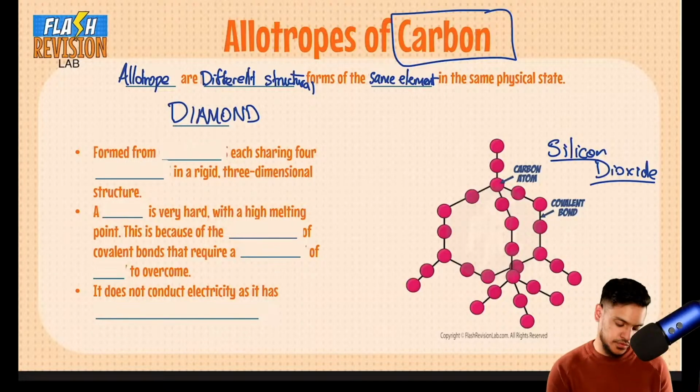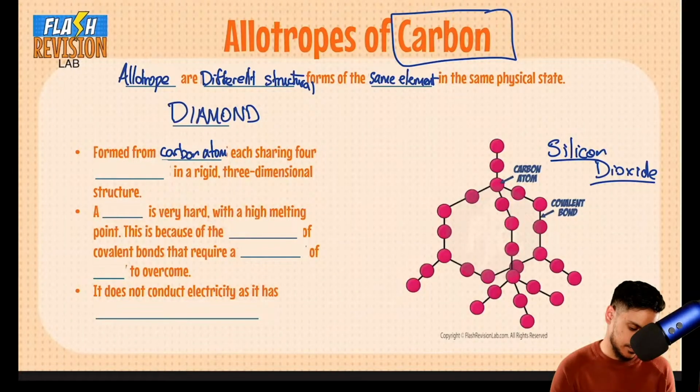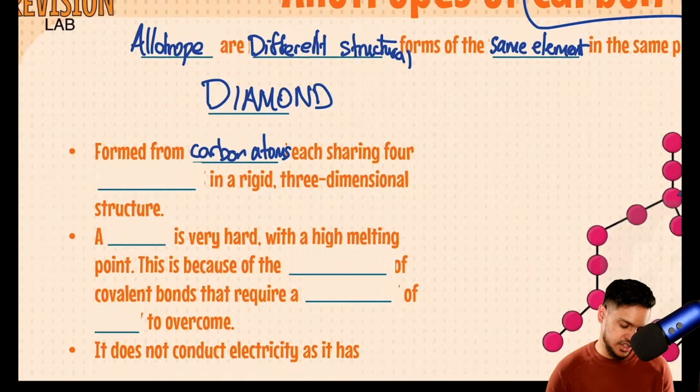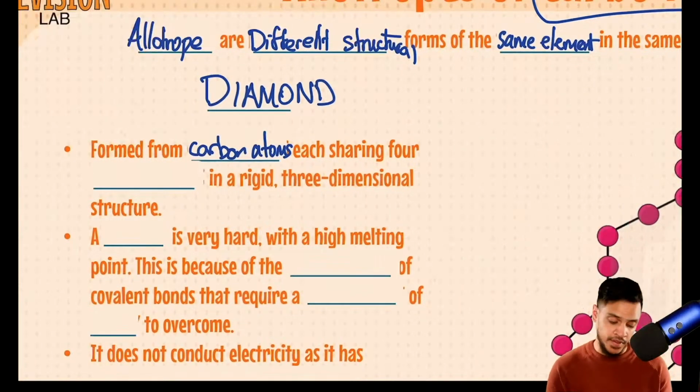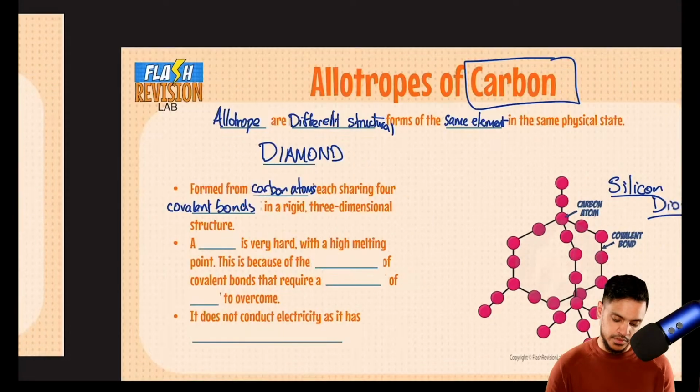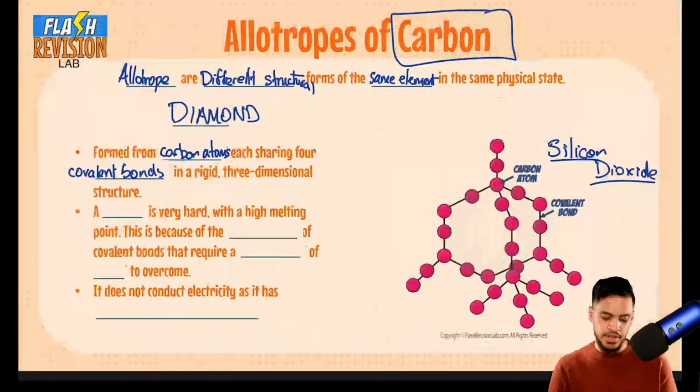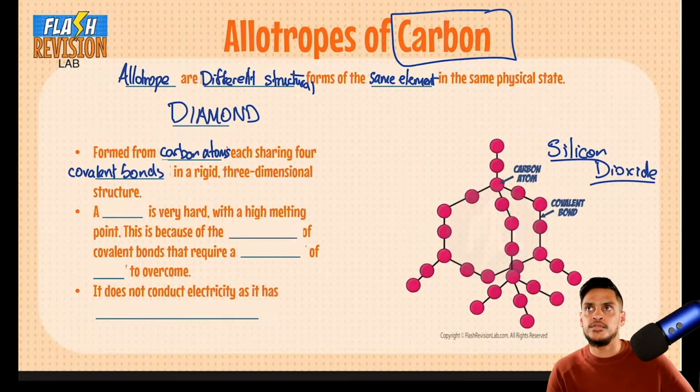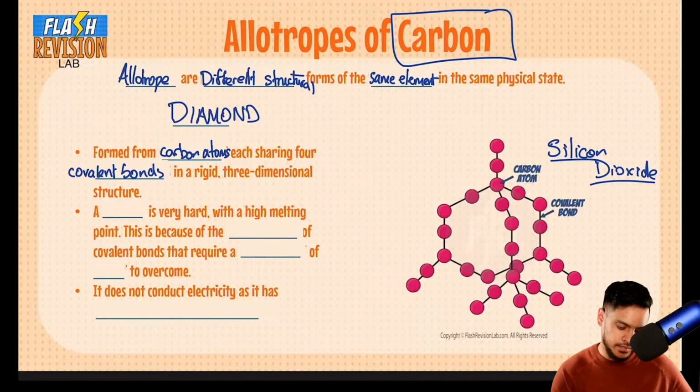They're formed from carbon atoms, each sharing 4 covalent bonds, so every carbon atom here is bonded to 4 other carbon atoms.